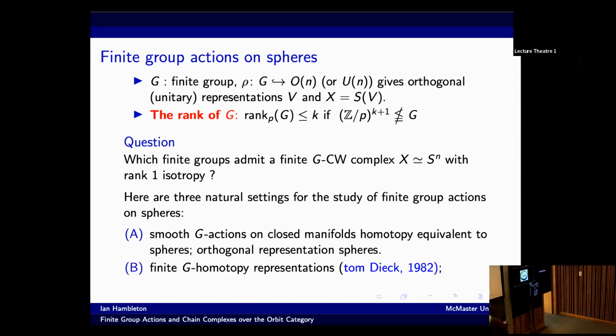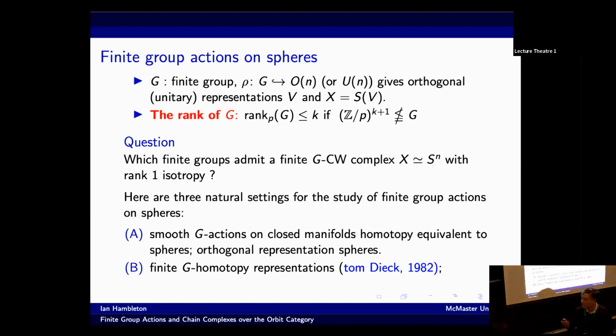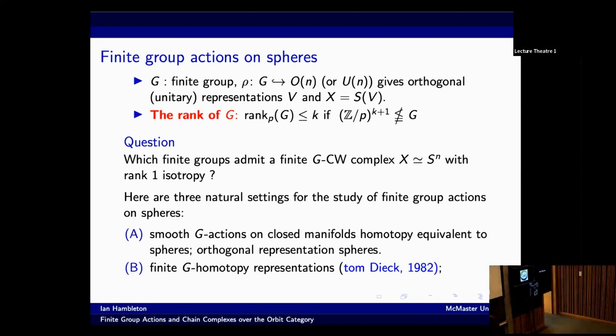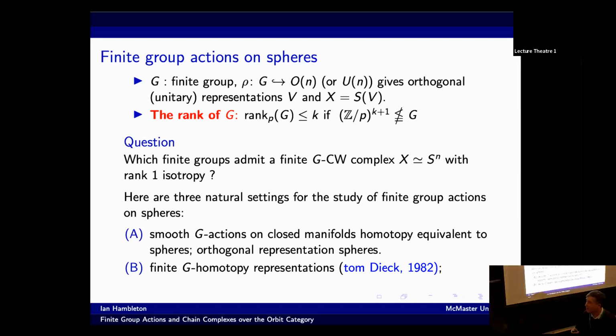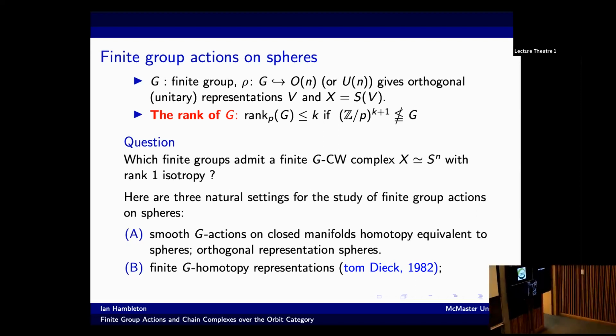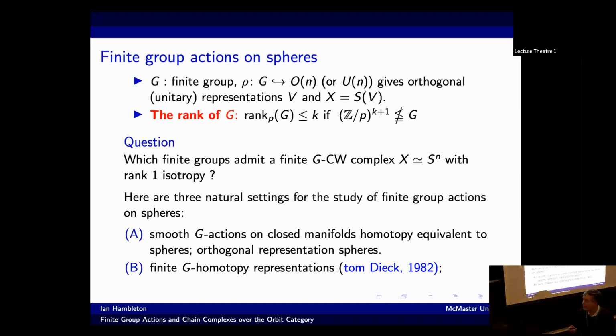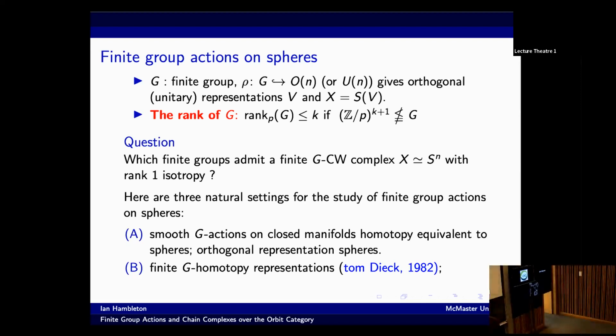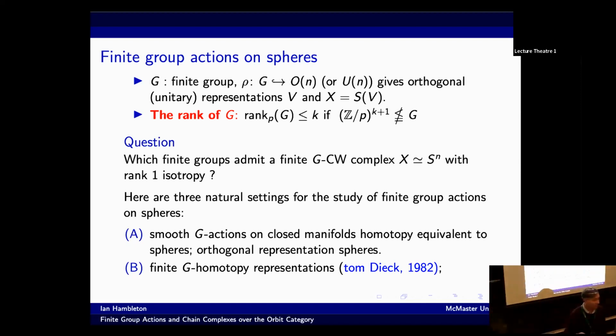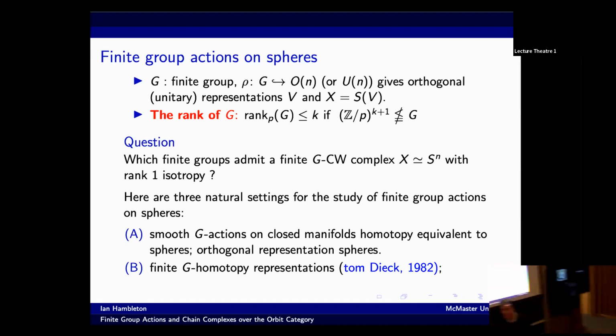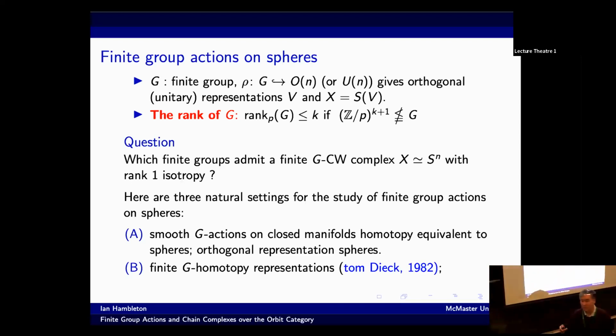Another setting, though, is something called G-homotopy representations. I'll give the definition a little bit more later, but essentially these are finite G-CW complexes, and not only are they homotopy equivalent to some particular sphere S^n itself, but for every subgroup, the fixed set is also homotopy equivalent to a sphere of some lower dimension.